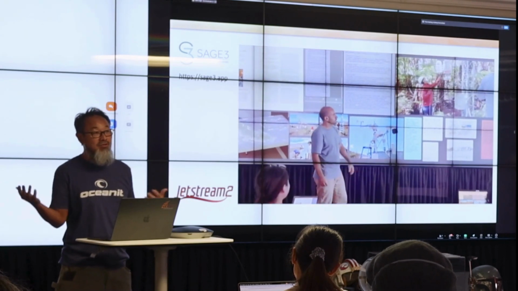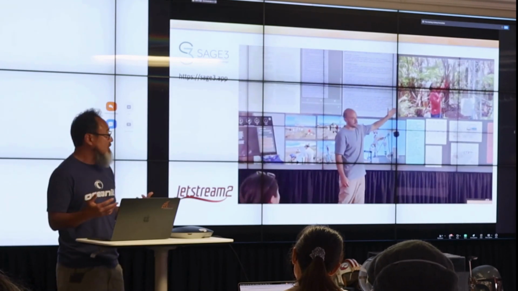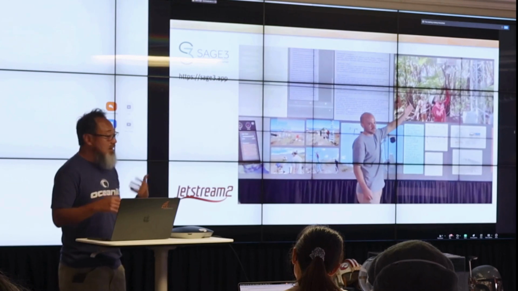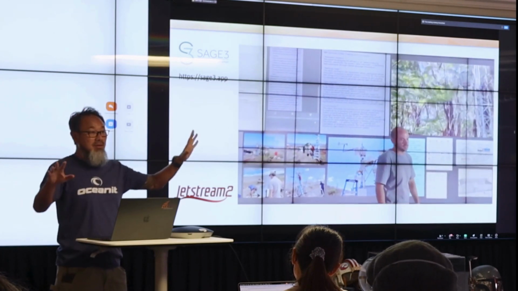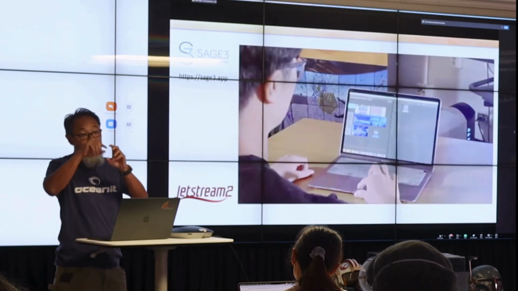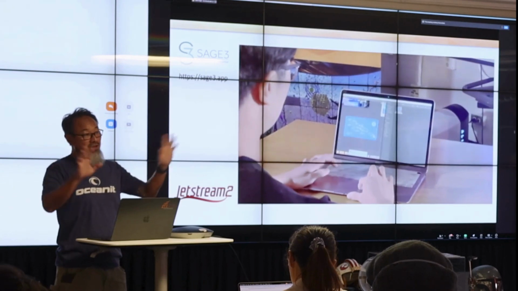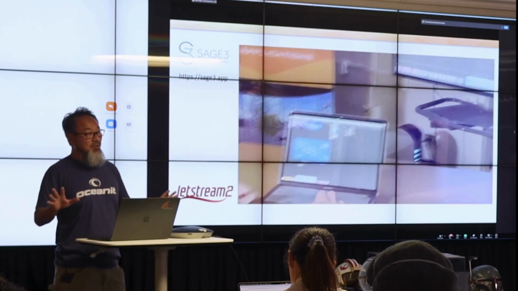So even if you didn't have a large display wall, you can use the software. And it allows people to collaborate, throwing up information on the screens, but also bringing in websites that may have streaming data so that you can juxtapose them for decision-making purposes.